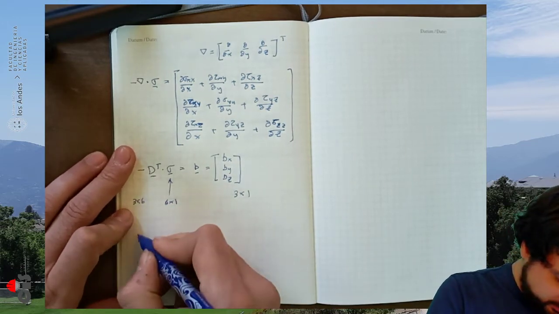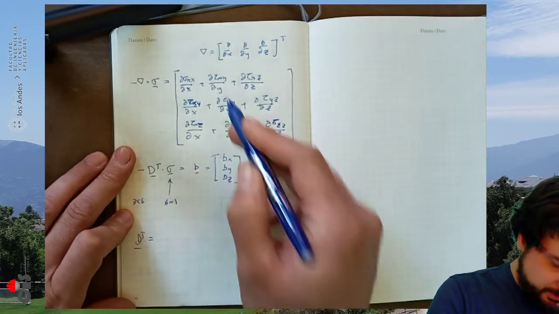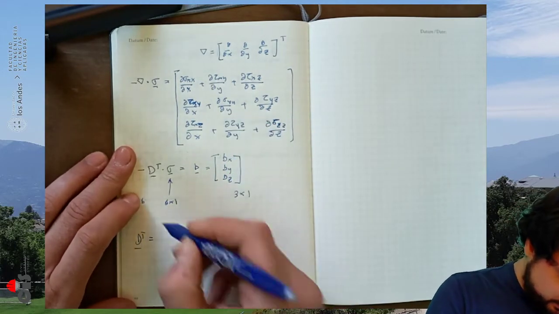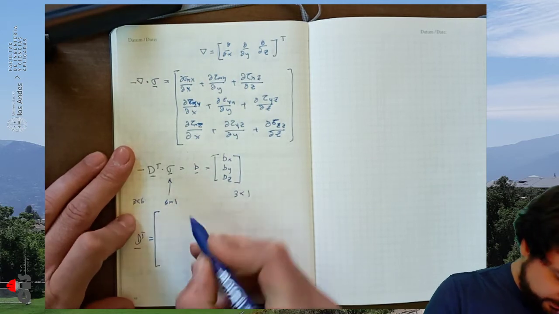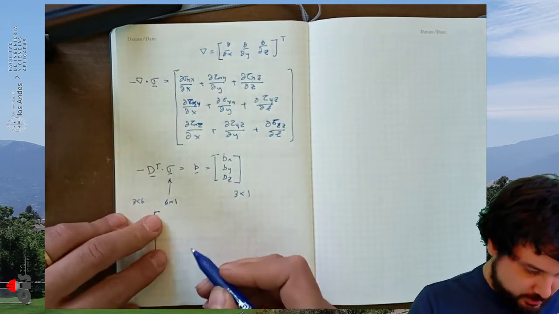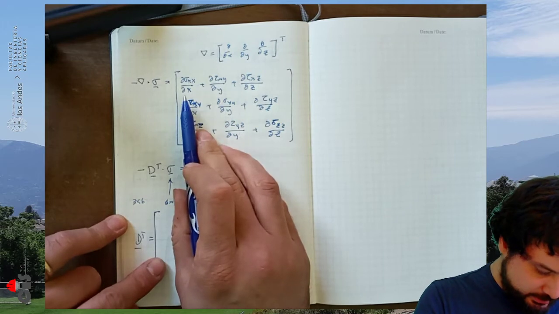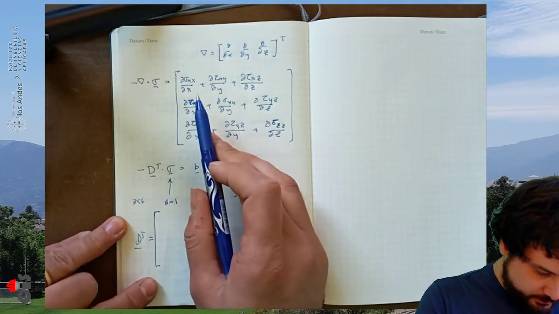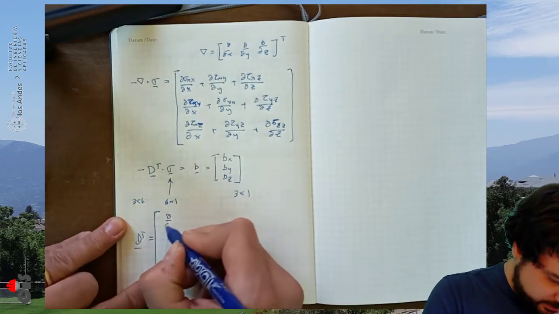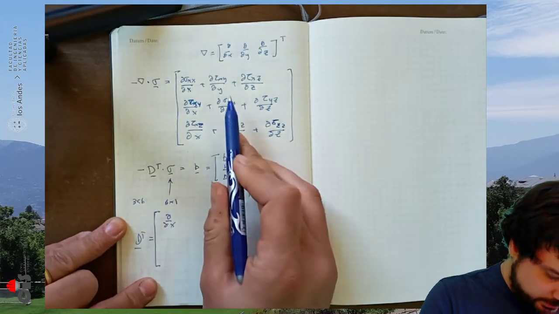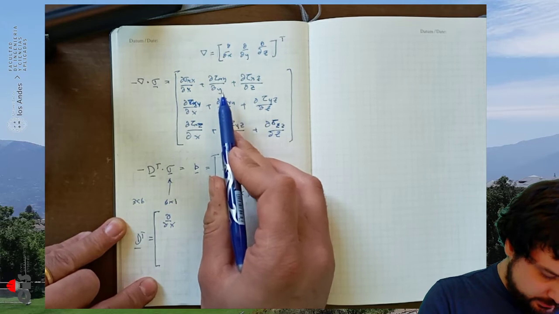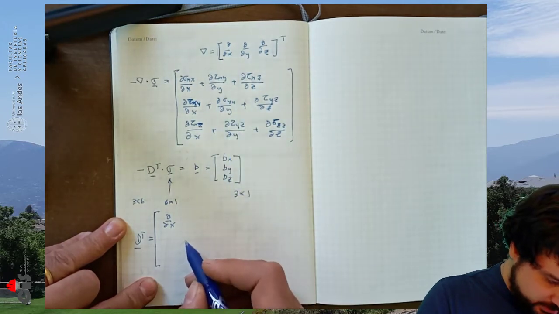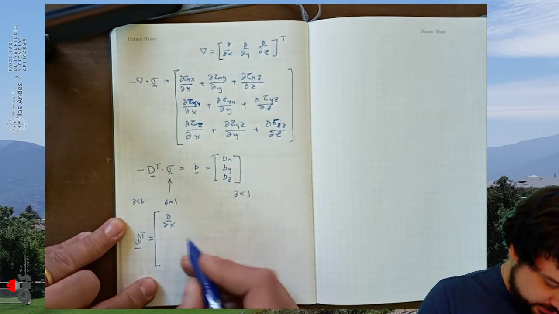So let's write D transposed. It should give us something that looks like this. Three rows down. First we need the d dx.